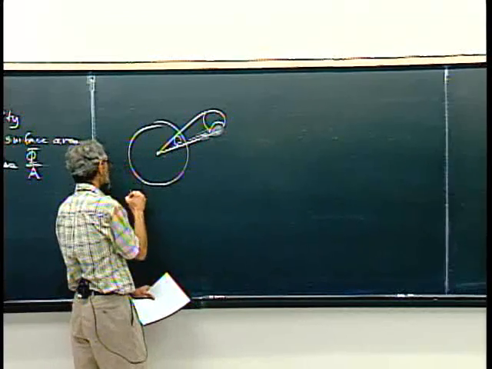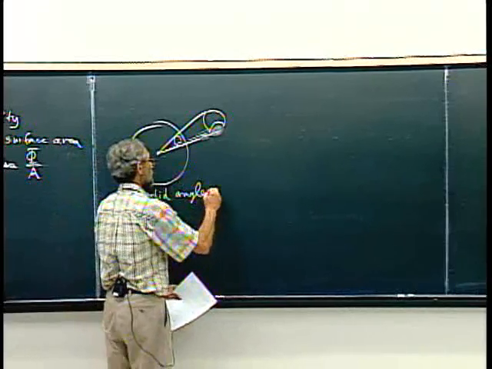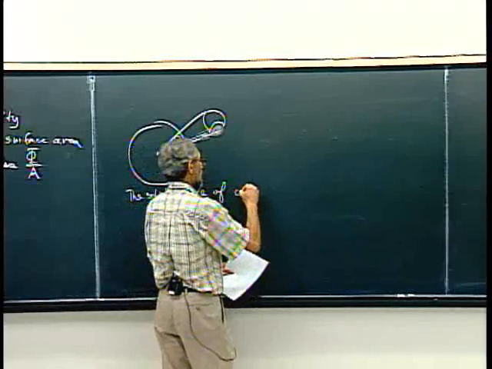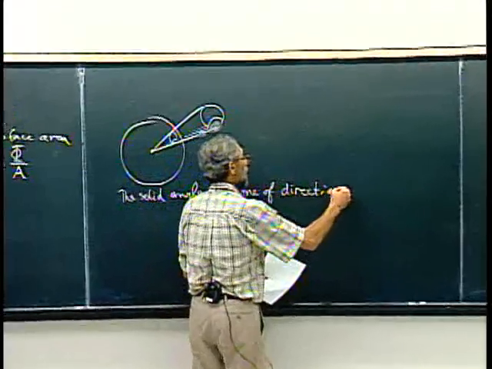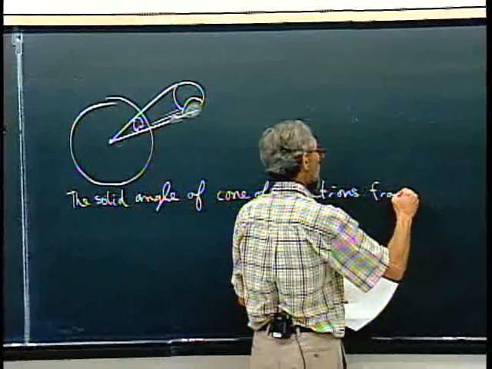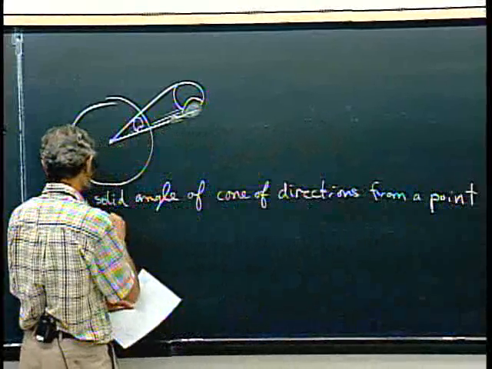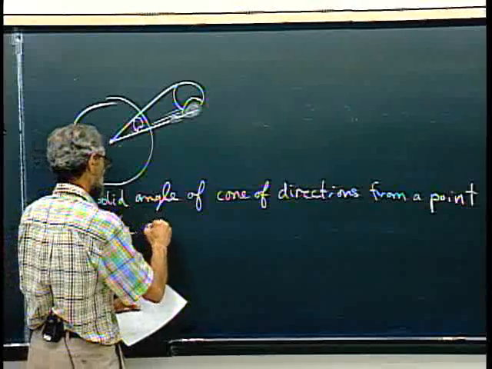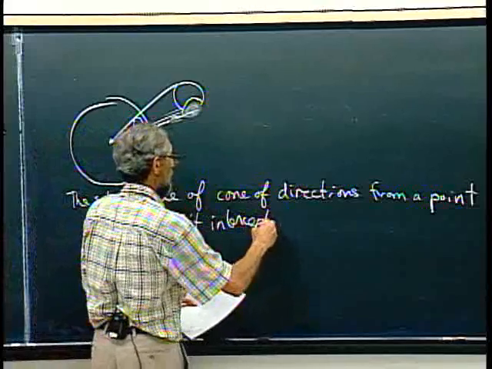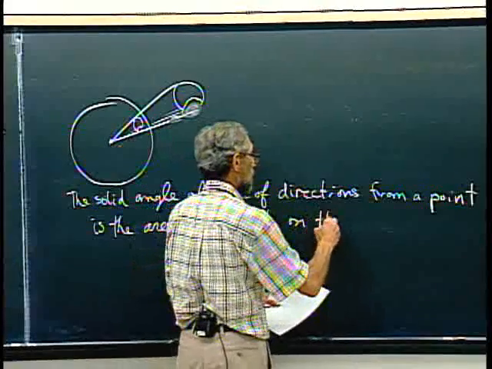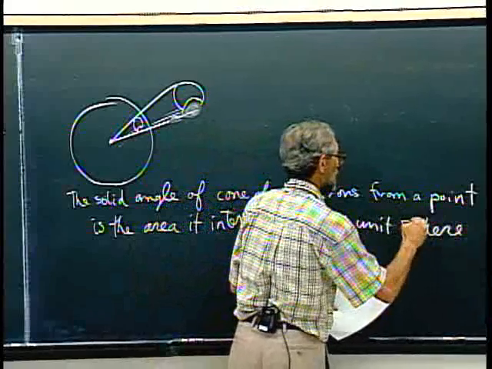And then the solid angle of a cone of directions from a point, I should say, is the area it intercepts on the unit sphere, with that point as center.